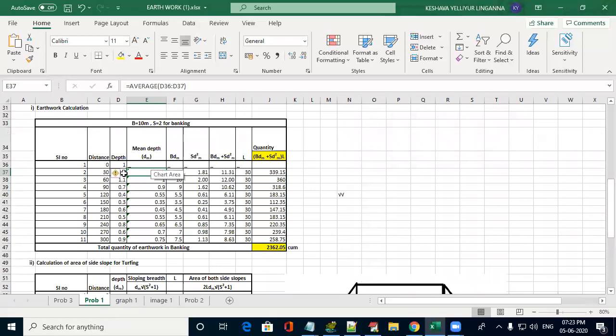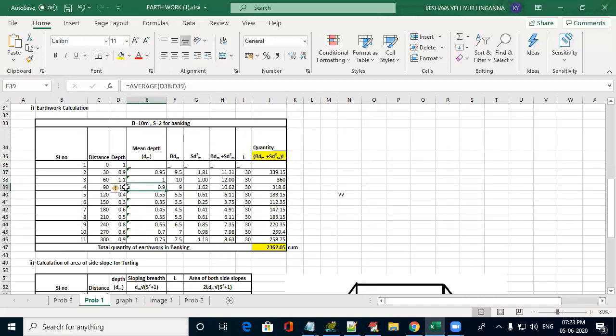So this mean depth, 0.95, is the mean of 1 and 0.9. Next, 0.9 plus 1.1 divided by 2 will give this. Similarly, 1.1 plus 0.7 divided by 2 will give 0.9.